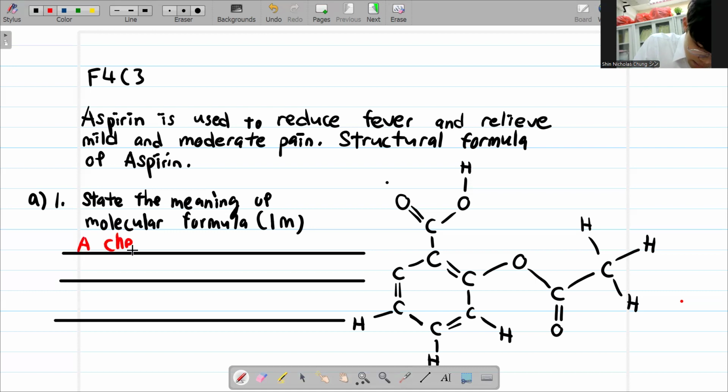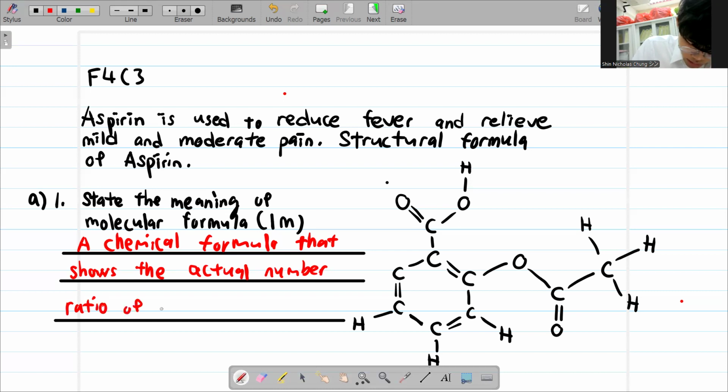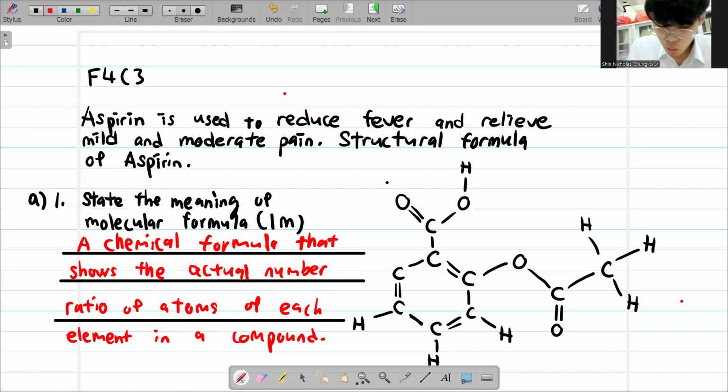It's a chemical formula that shows the actual number ratio of atoms of each element in a compound. Done, nicely done. And there you go, you get your 1 mark.